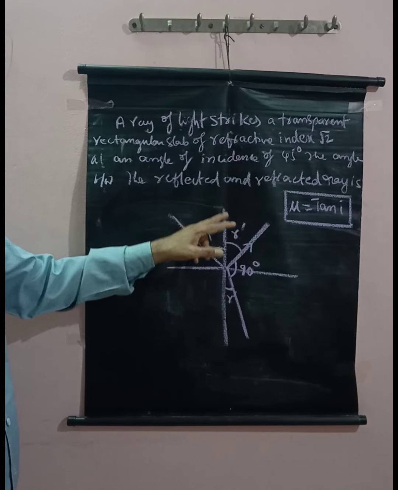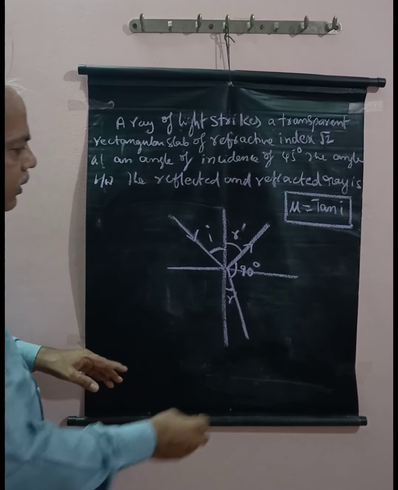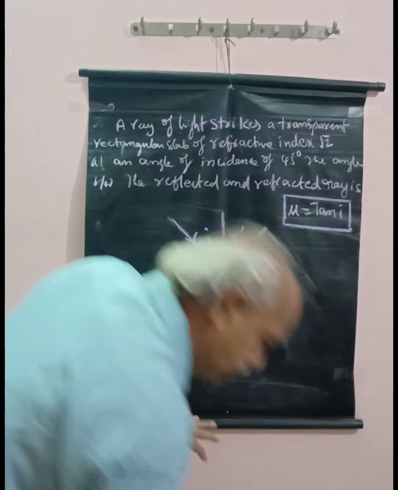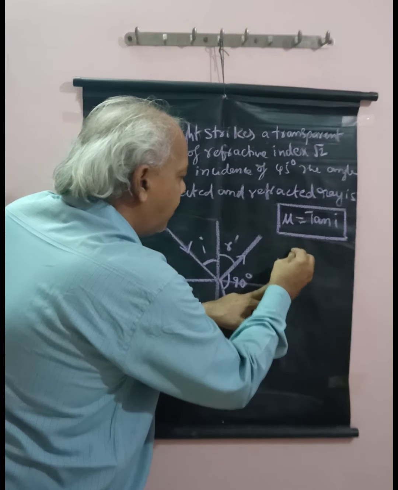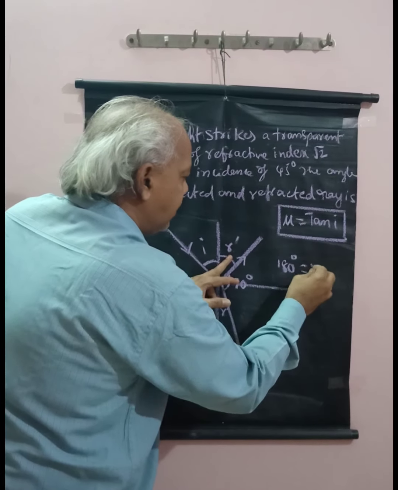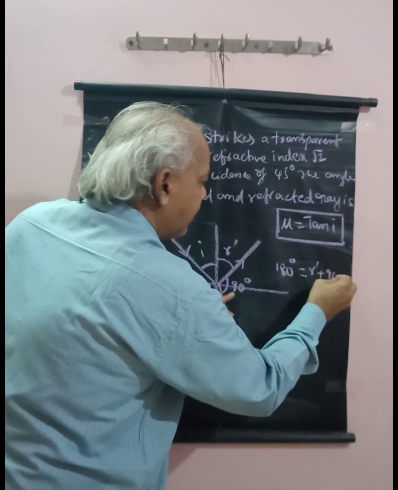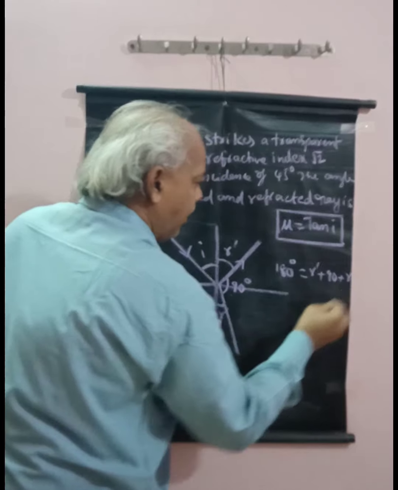So a straight line has an angle of 180 degrees, and this 180 degrees is equal to r dash plus 90 degrees plus the angle of refraction r.